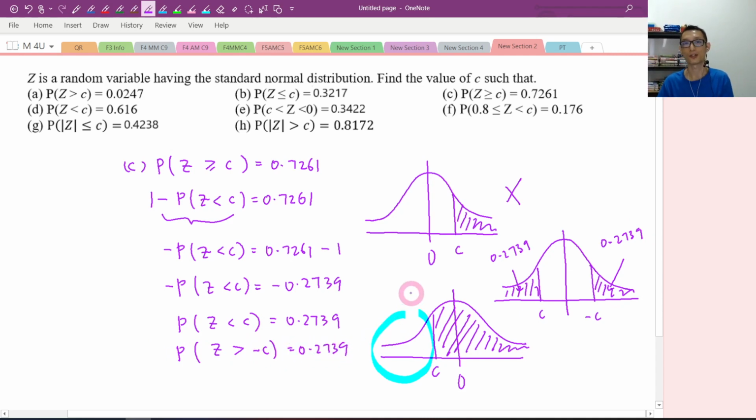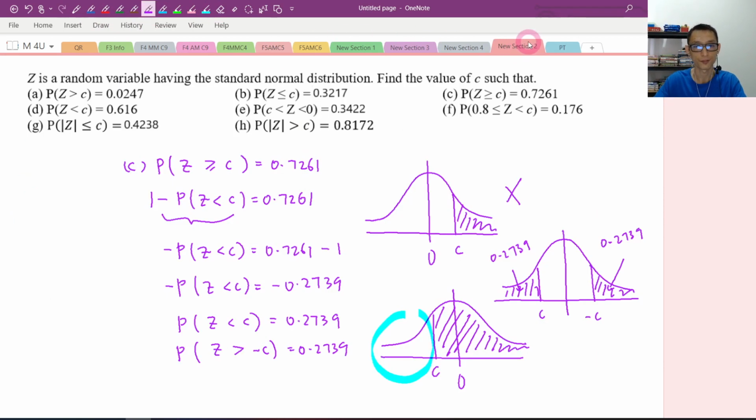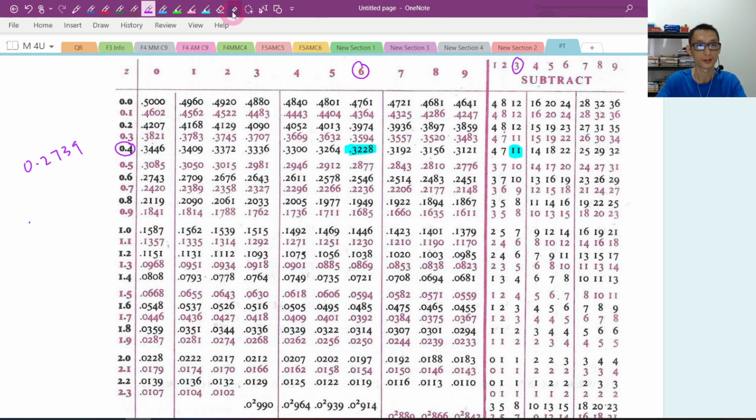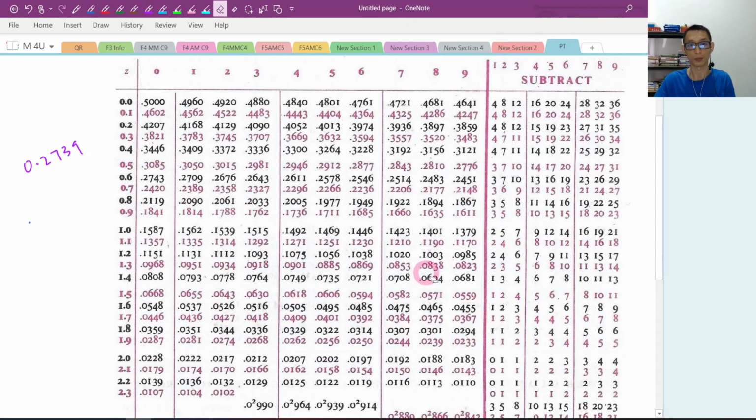And then you can start to get the answer from the table, 0.2739. Okay, correct. Look for this value. Start from inside because we want to get the answer for inside. 2739. 27 is 27.